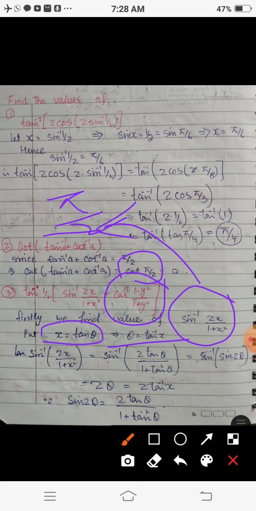So sine inverse of 2x upon 1 plus x square becomes sine inverse of 2 tan theta upon 1 plus tan square theta. Now 2 tan theta upon 1 plus tan square theta is simply sine 2 theta. So sine inverse and sine cancel, it is 2 theta, which is simply twice tan inverse x.